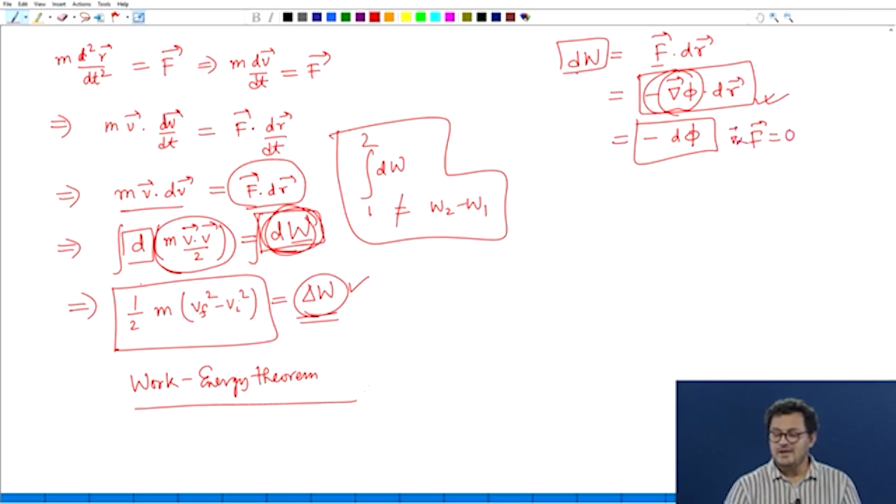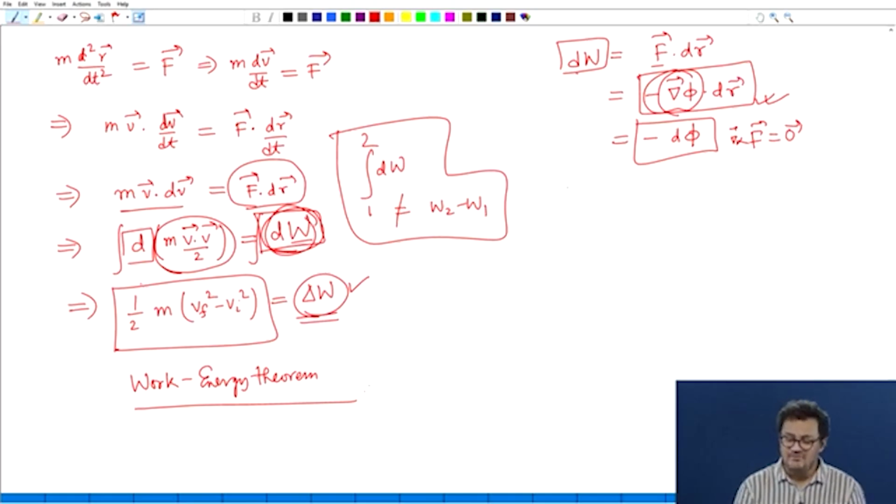So, in a way it is correct to say that if the force field of my system has 0 curl, then the force field can be written as minus the gradient of a scalar function, and as a result the total mechanical energy of the system remains constant in time, and also the work done between two states, initial and final, does not depend on the path chosen, but simply depends on the initial and the final state.